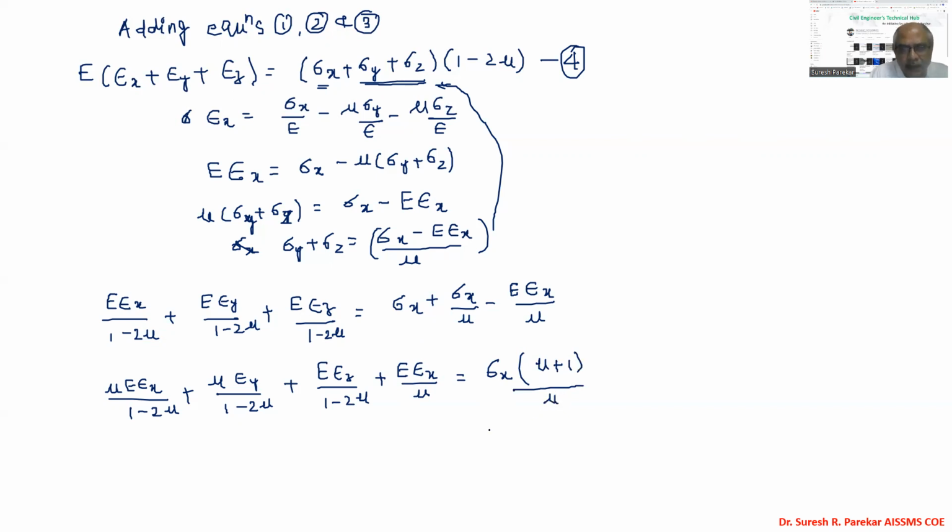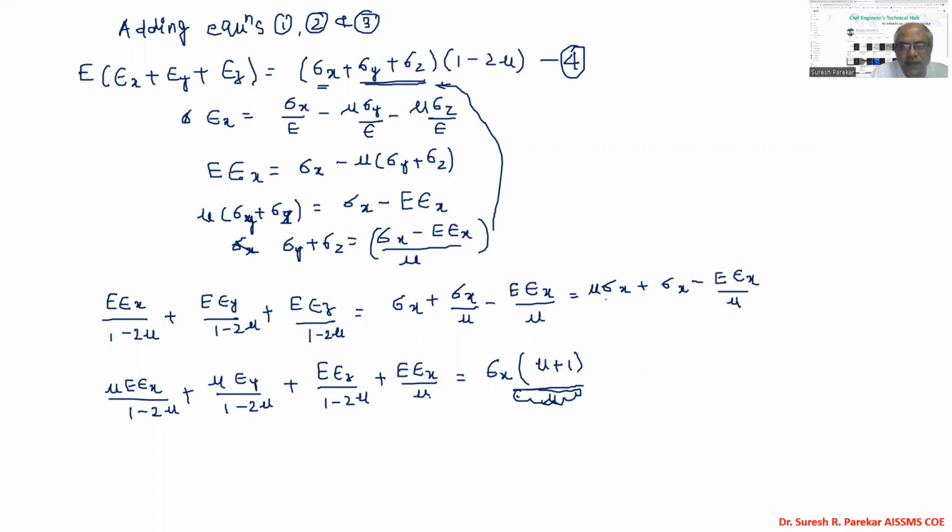Now if we take mu on this side, we have already taken mu on this side because we have multiplied it by mu. So I will cancel this mu now over here. Let me go one step further: we have sigma x, mu sigma x plus sigma x minus E epsilon x, and I have kept this mu as it is.